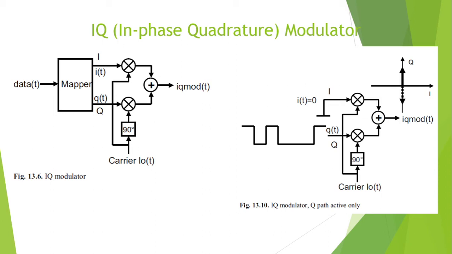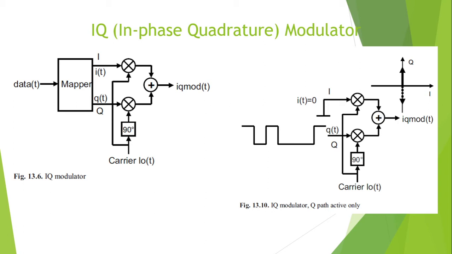The modulated color subcarrier is generated by means of an IQ modulator or quadrature modulator, where I stands for in-phase and Q for quadrature phase. So look at figure number 6. It's an IQ modulator. An IQ modulator has an I path and a Q path.